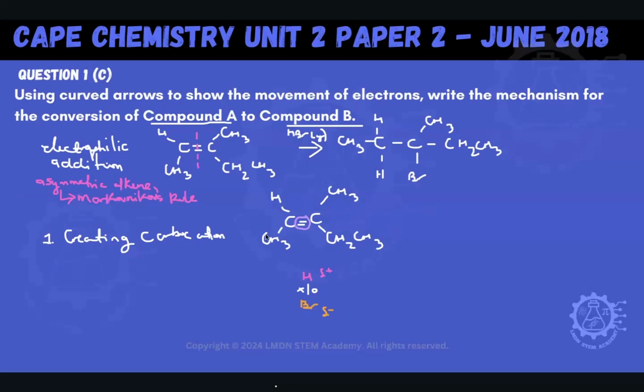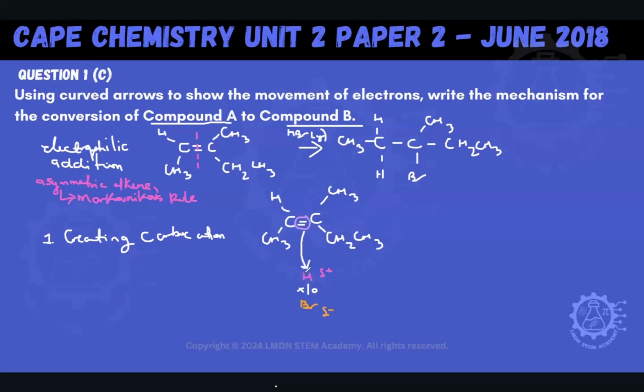So my double bond is rich in electrons. It's going to see this positive hydrogen and be like, come, let me extend a bond to you. Let me give you one of my pairs of electrons, and I'll have you come and join our molecule.